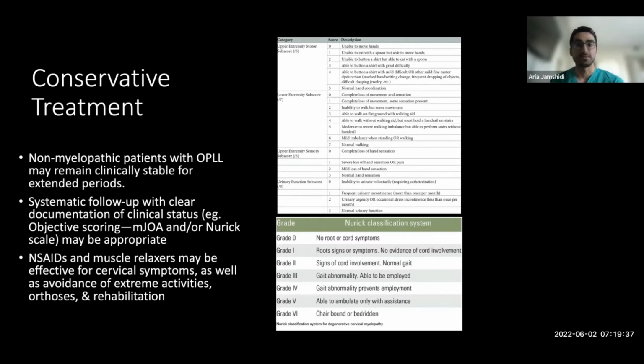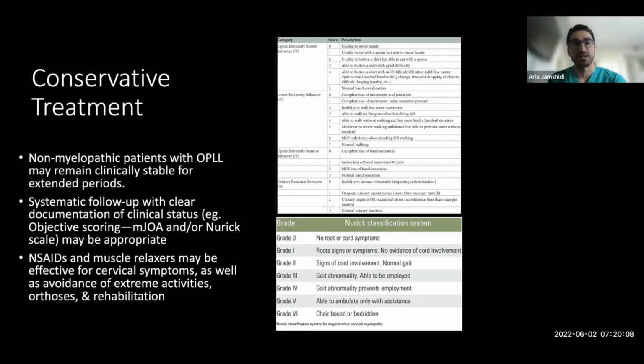So now just to briefly discuss conservative treatment. Some surgeons may, if a patient is truly completely asymptomatic, with no symptoms of myelopathy on the Japanese Orthopedic Association score, which is often used and which I include in this table here, or if they truly have a neuroclassification of 0, which I included in this bottom figure, opt to manage them conservatively. Things that one can try are NSAIDs or muscle relaxers, and obviously avoidance of any extreme activities.